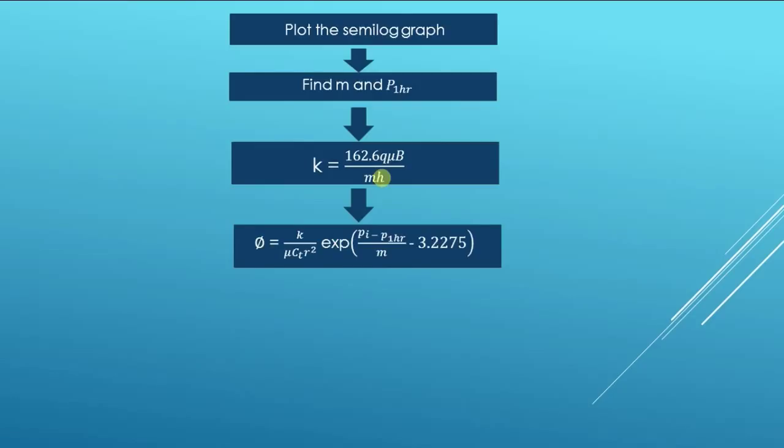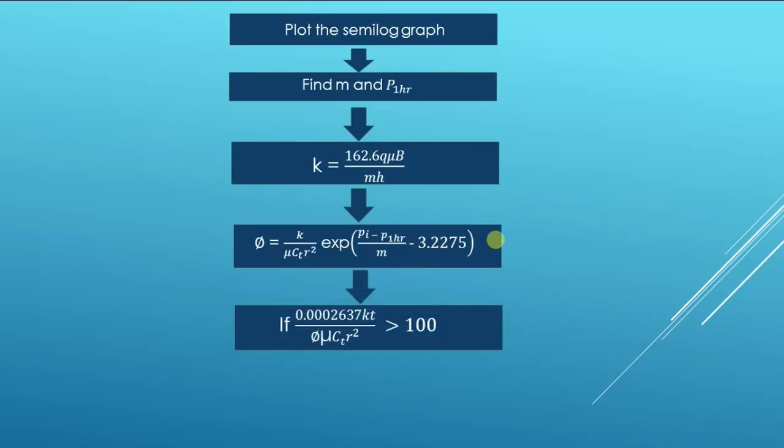After you calculate the permeability, you can find the porosity by using the equation: porosity over viscosity times total compressibility times r squared equals exponential of Pi, which is the initial pressure, minus P1 hour gained from the graph, over M, also gained from the graph, minus 3.2275.